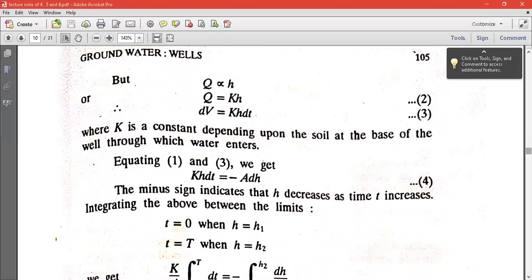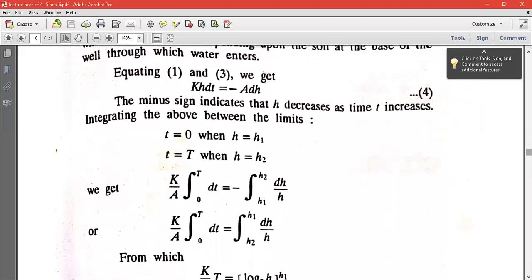At T equal to 0, H equal to H1, and at T equal to capital T, H equal to H2. This boundary condition we have to fix: the left hand side limits are the time interval, 0 to T, and on the right hand side the definite integral limit is from H1 to H2. Obviously negative sign, because as time increases, the depression head decreases since it recuperates.